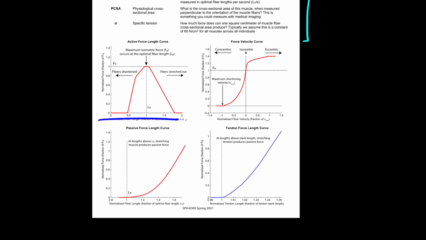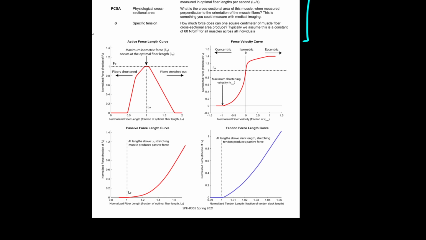Down here, we have the same thing for muscle, and I drew an analogy between the passive force production of muscle that happens no matter whether the muscle is activated or not. Because of the titin proteins in sarcomeres, if you stretch out a muscle beyond a certain length, which happens to be the optimal fiber length, then it starts passively producing force, just like a rubber band.